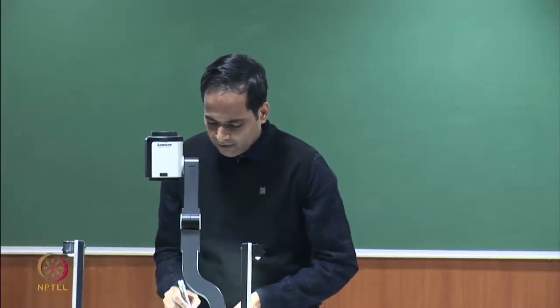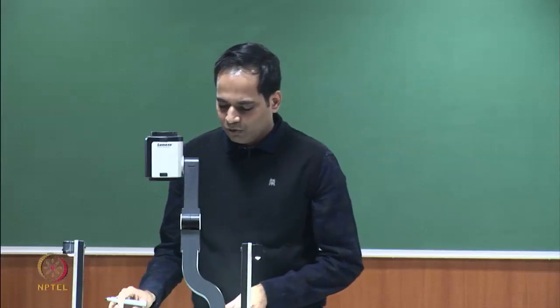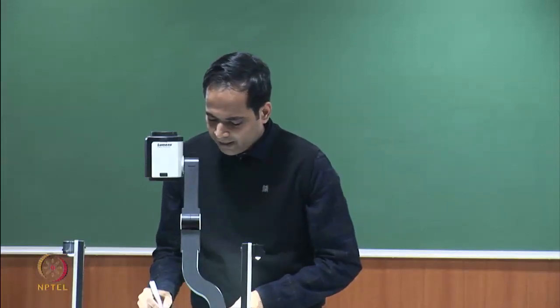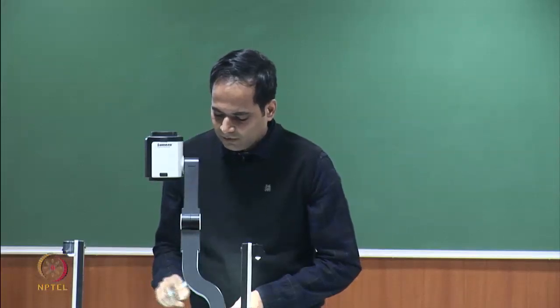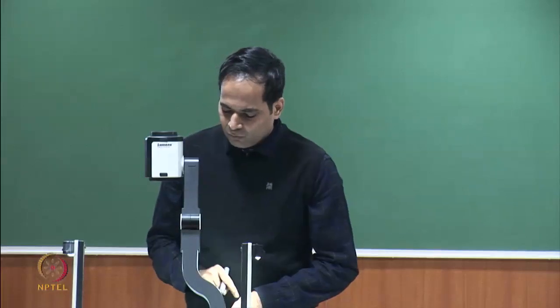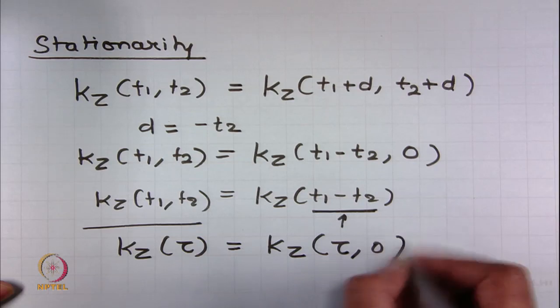For example, if I have kz of tau, a covariance function of a single argument, you should interpret this as the same thing as, if I write this in terms of 2 arguments, tau and 0.